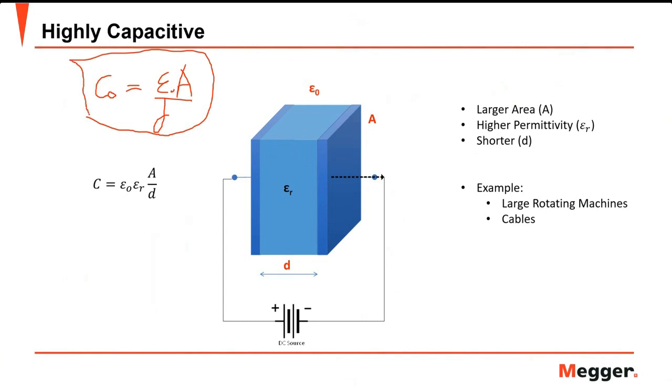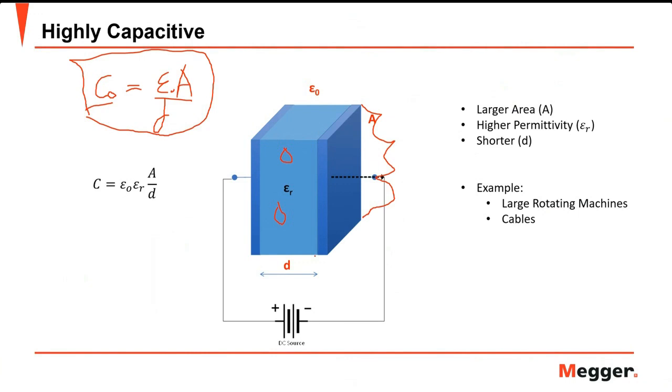Remember that we have this formula, right? If something happened with the area, for example, it has been dilapidated or bent, then the capacitance will change. If the insulation got moisture or contaminated, the permittivity and the capacitance will change. If the distance here changes, probably because it was deformed, then the capacitance will change.